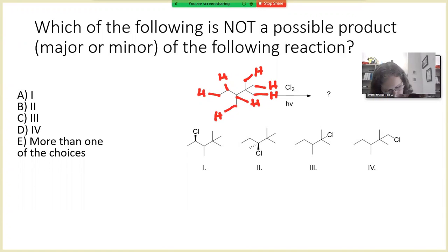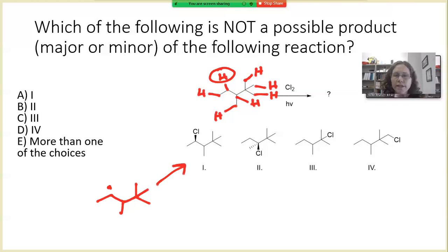Okay, so if we're looking for all the possible products, then we need to just consider which hydrogen was removed in each case. So molecule number one would come from this free radical right here. It's a secondary radical. So we'd be removing that hydrogen atom right there on the molecule, and then making that chlorination product.